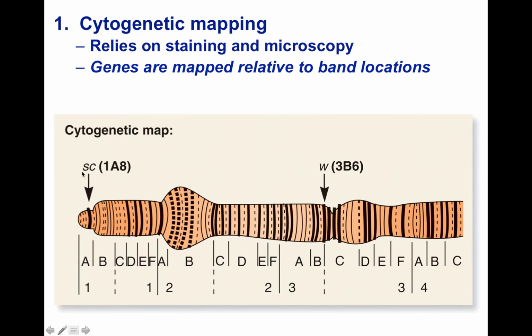Genes are mapped using cytogenetic mapping relative to the bands on a given chromosome. Using lots of different chromosomes from different individuals in a population, you can map phenotypes to particular banding patterns on a chromosome.